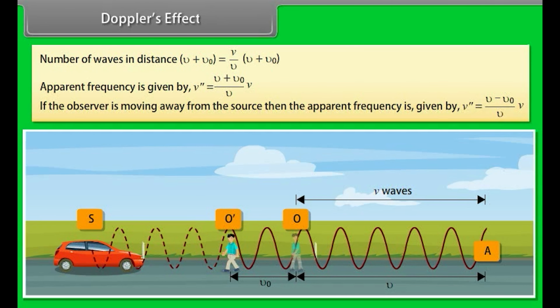If the observer is moving away from the source, then the apparent frequency is given by nu double dash is equal to (v minus v naught) upon v multiplied by nu. Case 3.